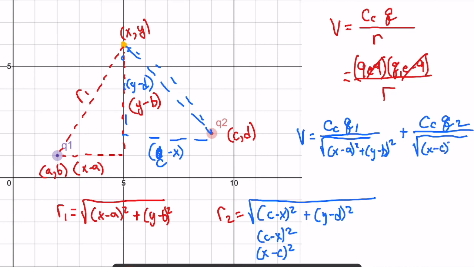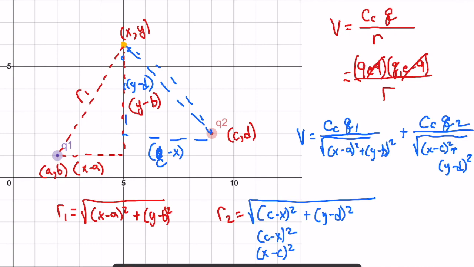X minus c squared plus y minus d squared. Again, you could write it d minus y, c minus x, doesn't matter. Okay, so we're going to use this format to have Desmos figure out all the spots on the plane where our voltage equals a certain number.